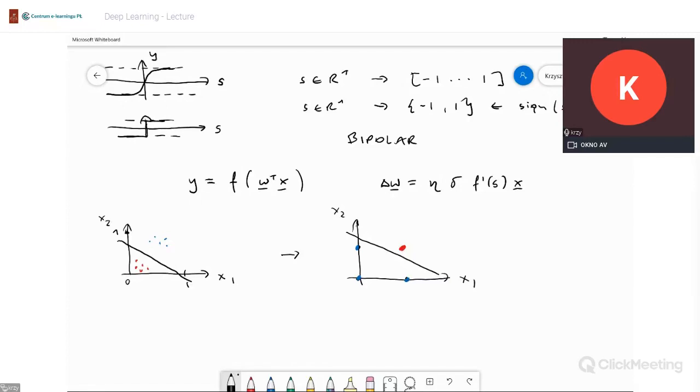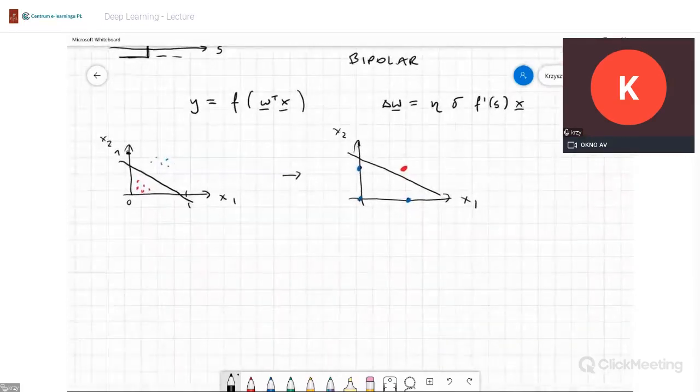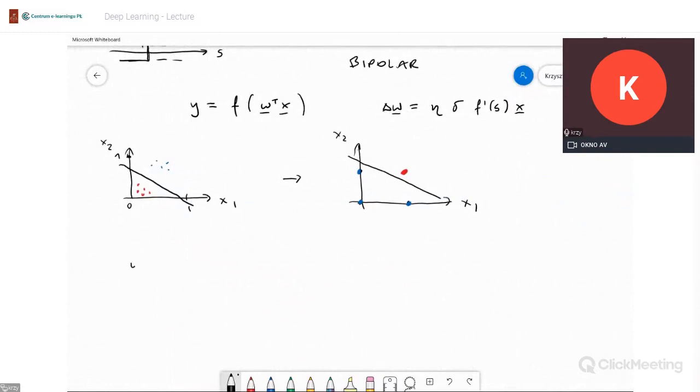And one of the conclusions that we already came to in machine learning was that if I have an expression that involves a linear combination or a dot product, it is linear in the domain of parameters. So if I am not making any transformation of the input vector, then the only thing that I can do is solve linearly separable problems.